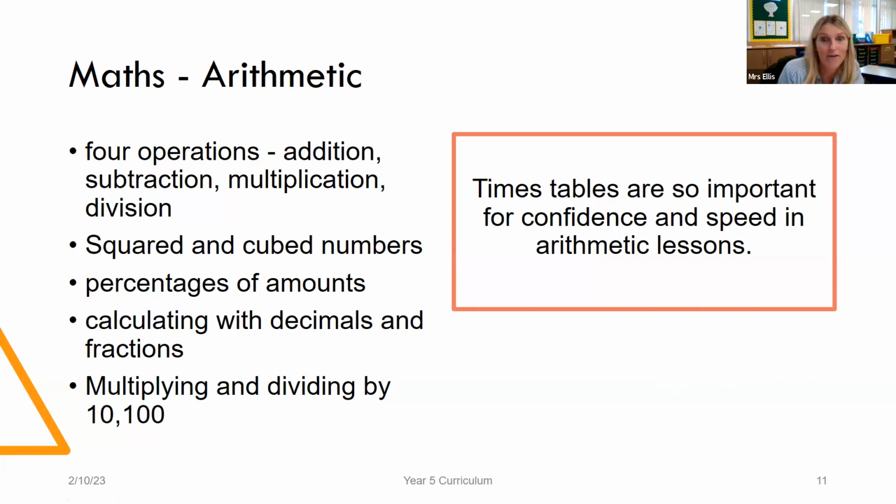And then their arithmetic of retrieving those times tables drops off. So it's really important that they keep practicing and maintaining their speed and their retrieval and their knowledge of their times tables facts, including their division facts as well. That comes up in multiplication, division, percentages, decimals, fractions, it is all about times tables.